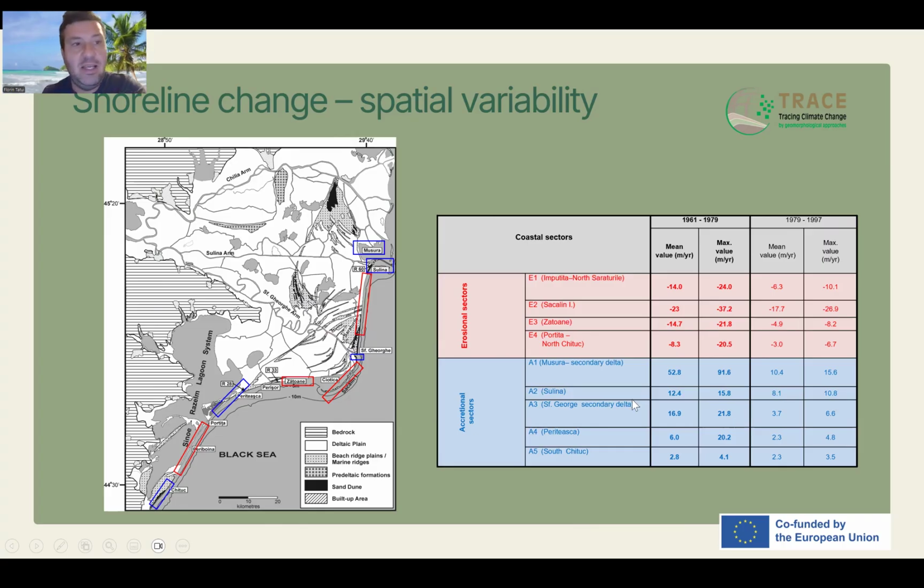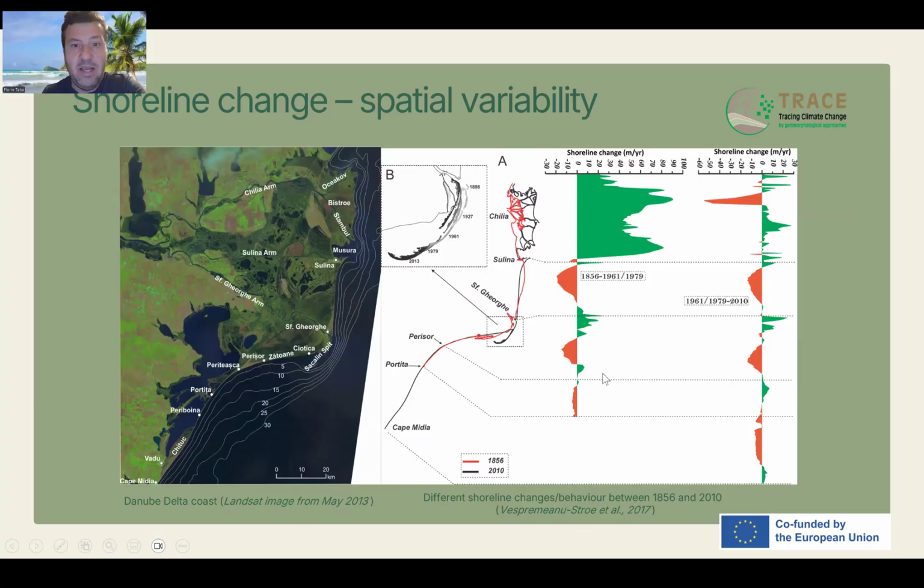So basically, this is an example of how you can use the Digital Shoreline Analysis System in order to get some data related to the dynamics of the shorelines in an area. And here is, let's say, another result for the whole Danube Delta coast between 1856, 1979, and afterwards.